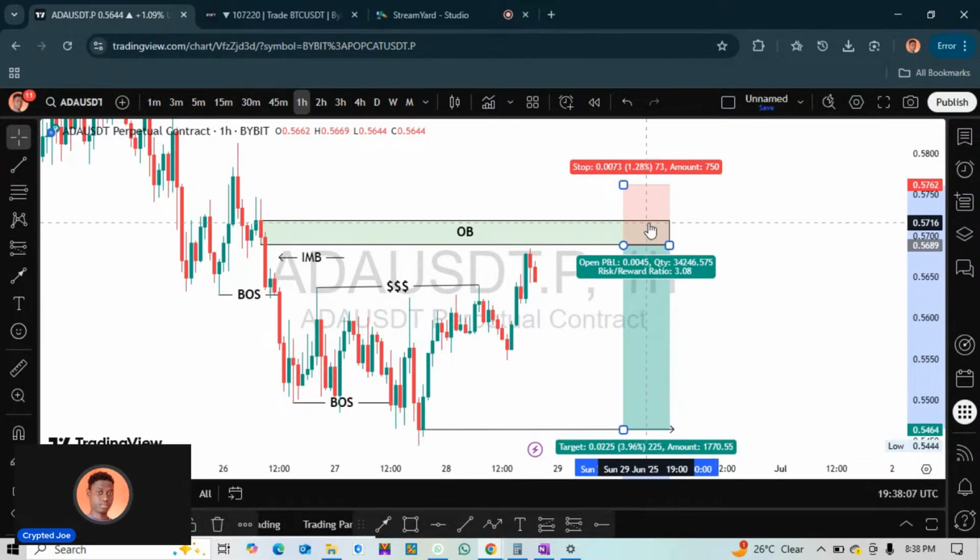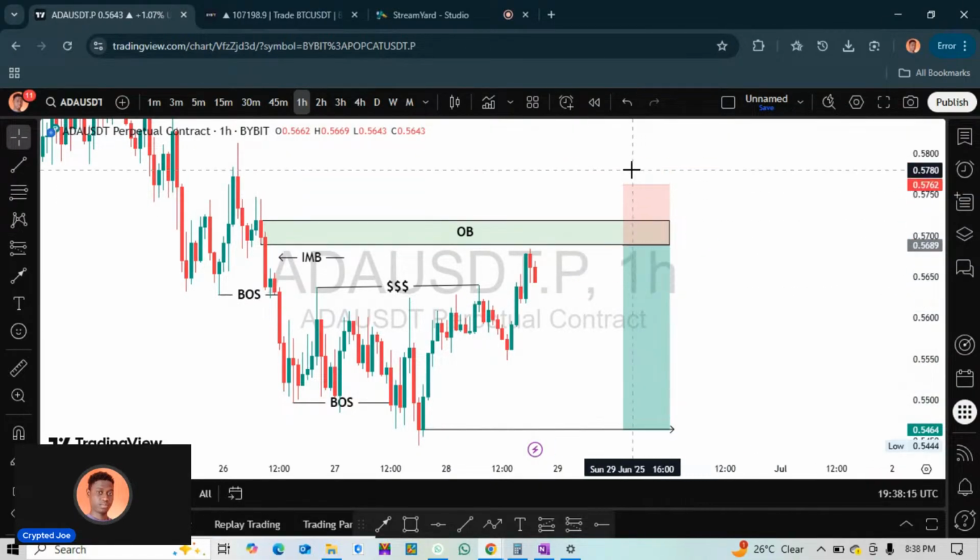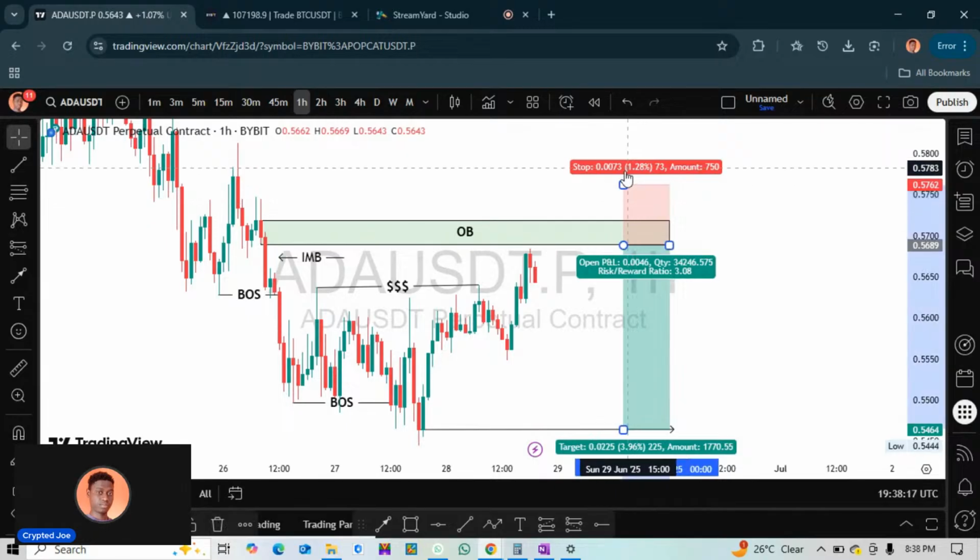So in this particular example, from the technical analysis I've done, I got 1.28 as my stop loss percentage. This stop loss percentage 1.28 is what I will divide my risk amount by. So let's say for example I want to lose half a dollar on this particular trade, which is 0.5. So I will divide 0.5 by 1.28.